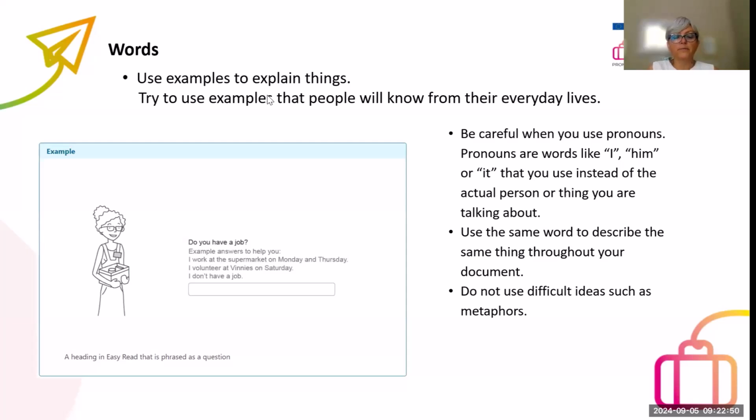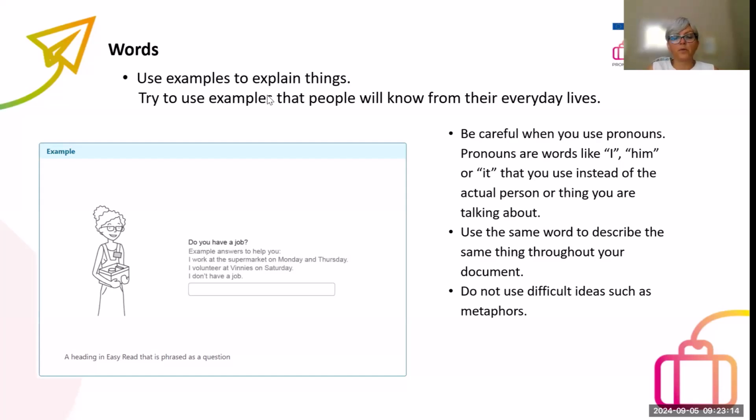So first of all, it is advised to be careful when using pronouns. It's better to talk about the actual person instead of using he, him, it, she, etc.